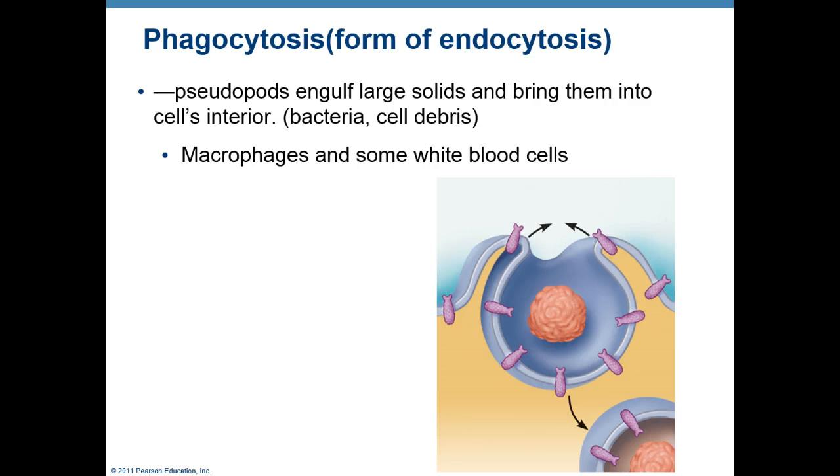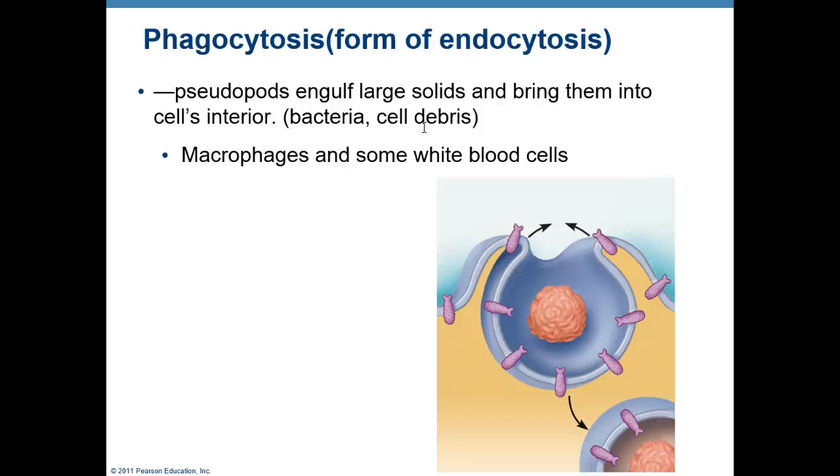Phagocytosis is a special form of endocytosis. And in this case, you're internalizing very large solids. So something about the size of an entire bacterial cell, or maybe some cell debris, red blood cell that's fallen apart in circulation, or some cell that's been damaged because you got a cut or a bruise.